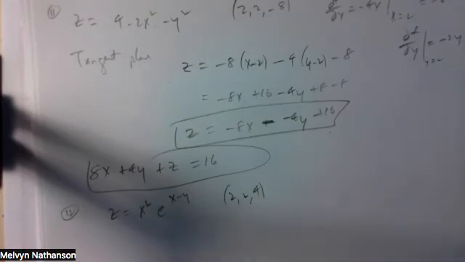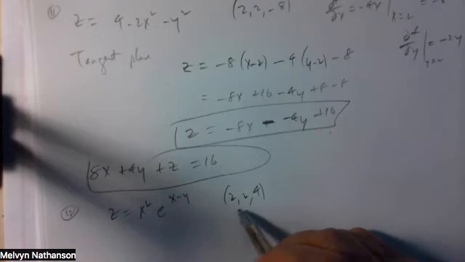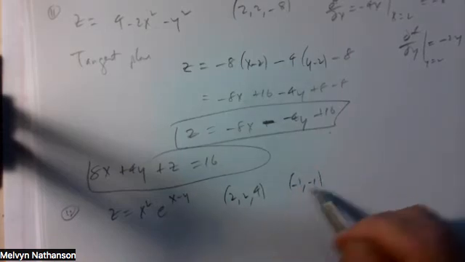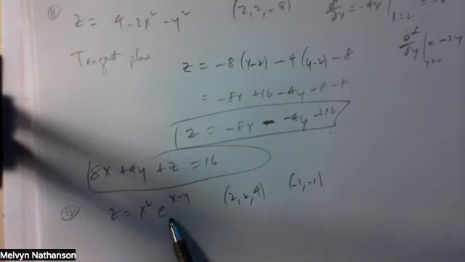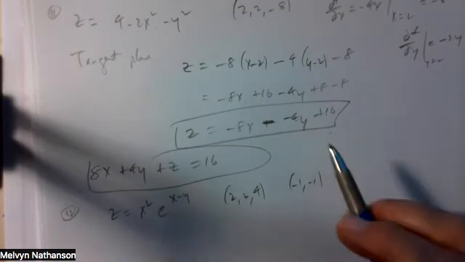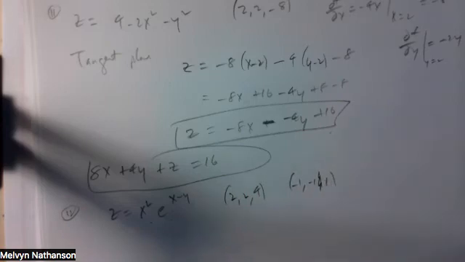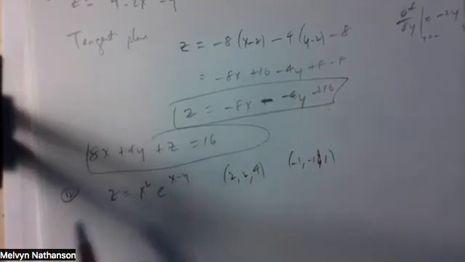So this is one point on the surface. When x and y are both equal to -1, you get 1 times e to the 0. So (-1, -1, 1) is another point on the surface.